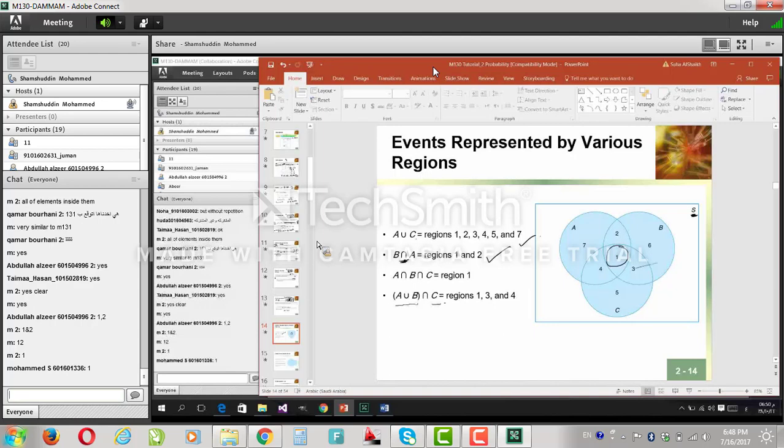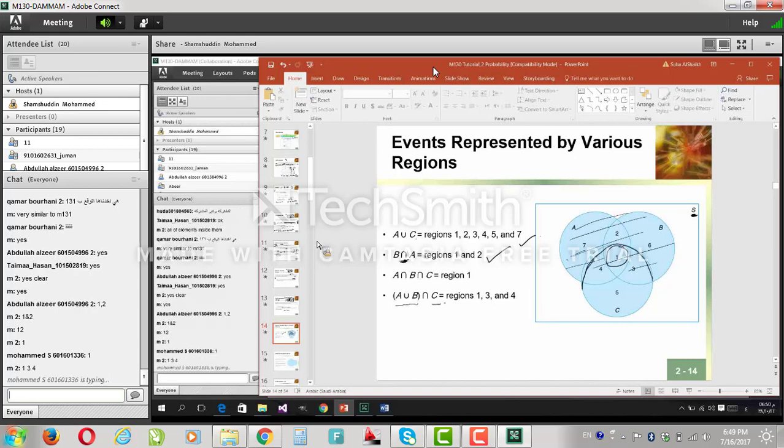intersect the C. So A union B is this area that I'm shading here. This is A union B. Intersect C, and here's my intersection of A union B. Intersect C is 1, 3, and 4. Yeah, that's correct. Good.